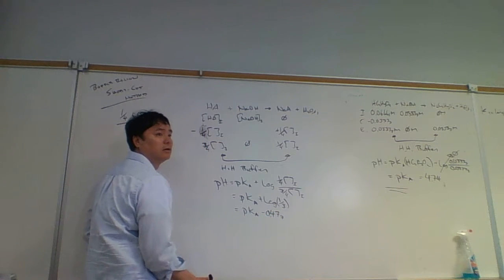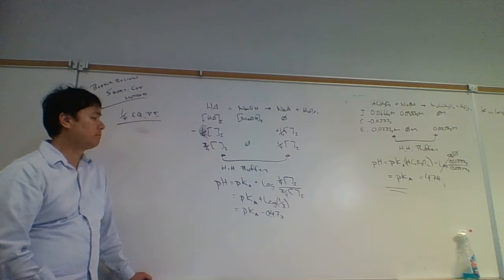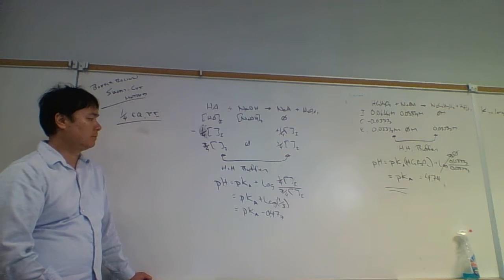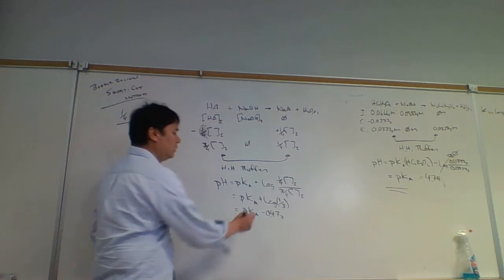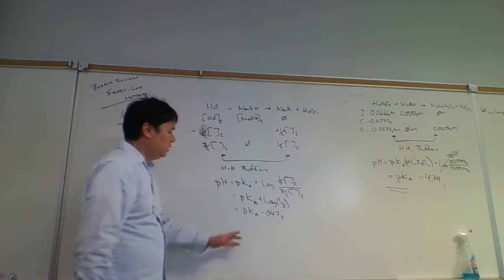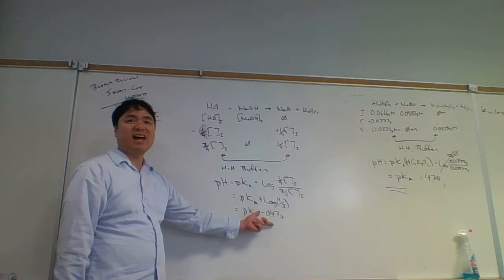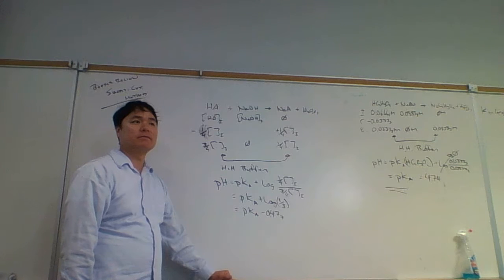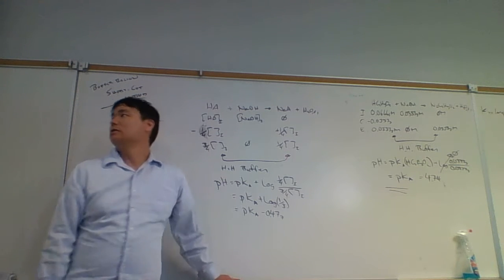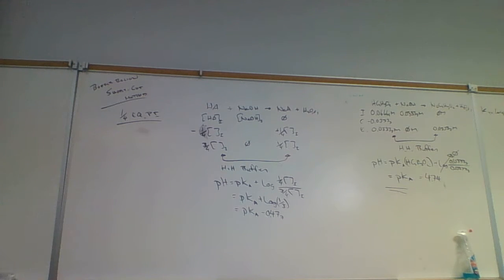0.477. What's that? Yeah, you can do it that way too. So this comes out to the pKa minus about 1/2, or 0.477. When we look at the titration curve, we can get these points quite quickly.